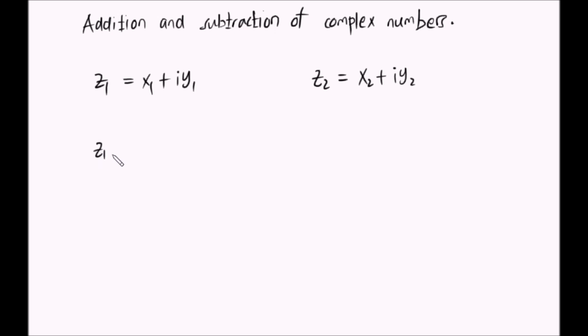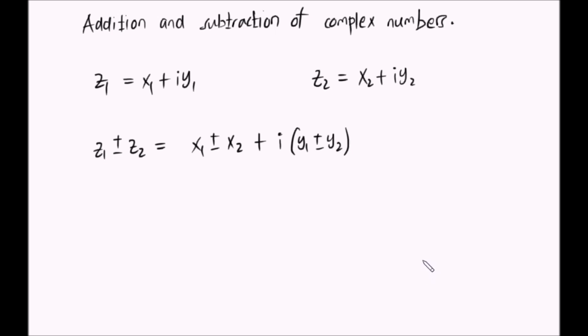Now to add or subtract these two complex numbers, you add or subtract the real part, and then you add or subtract the imaginary part. So this is how you add or subtract complex numbers.